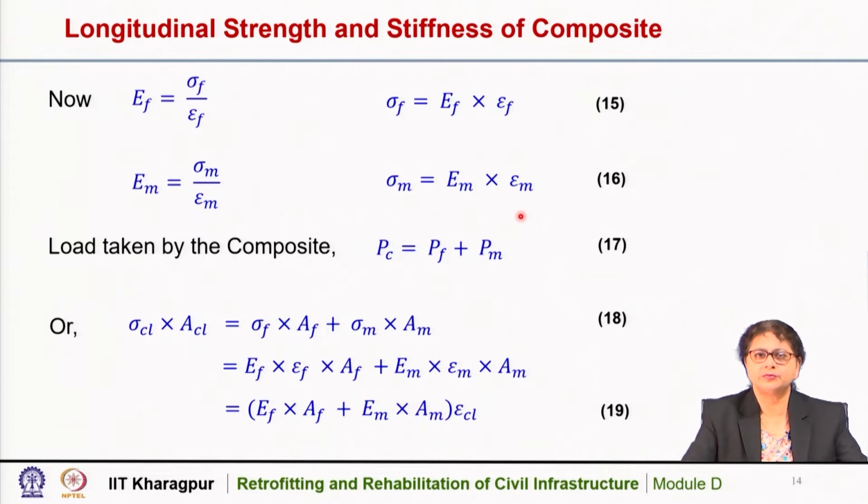So, the total load PC is equal to the load shared by the fiber, PF, plus the load shared by the matrix, PM.